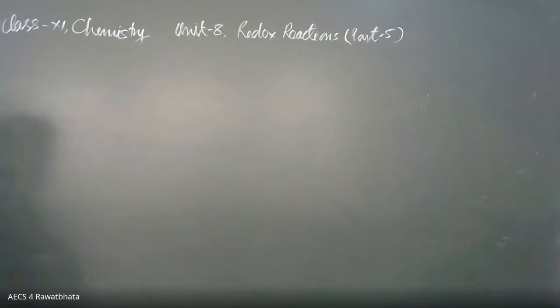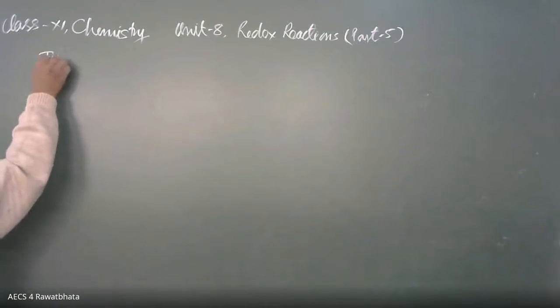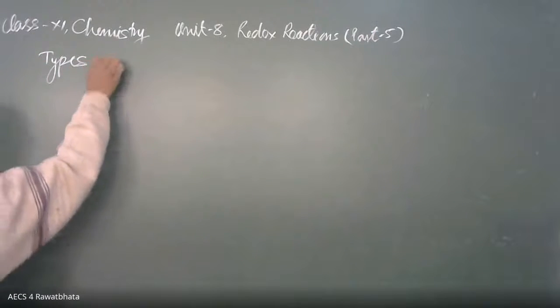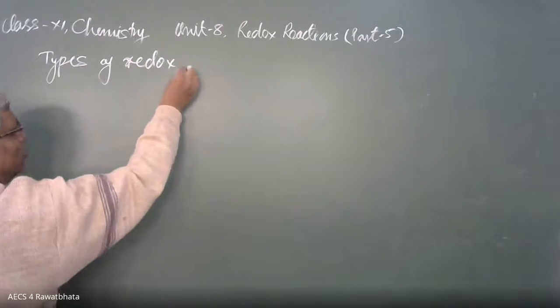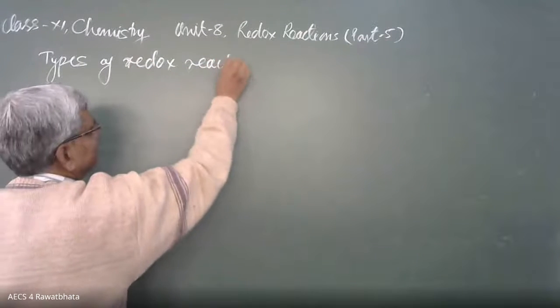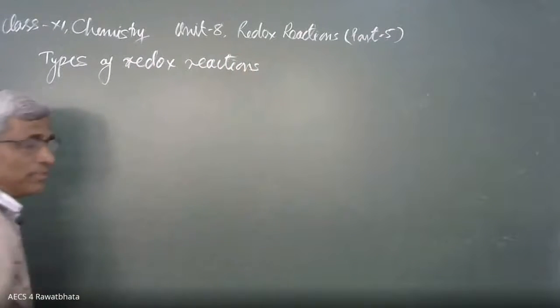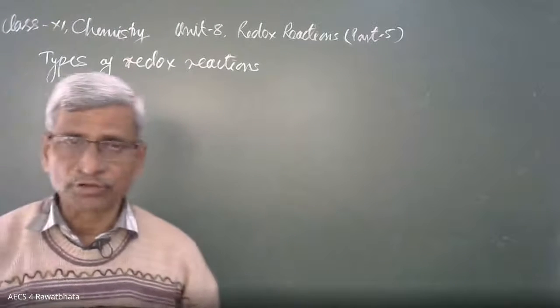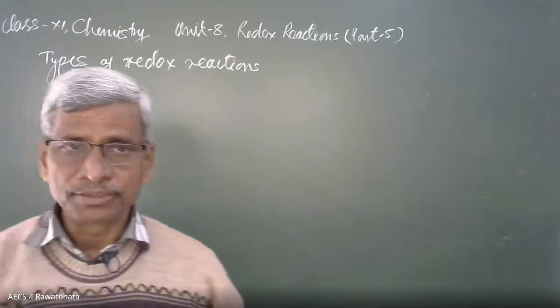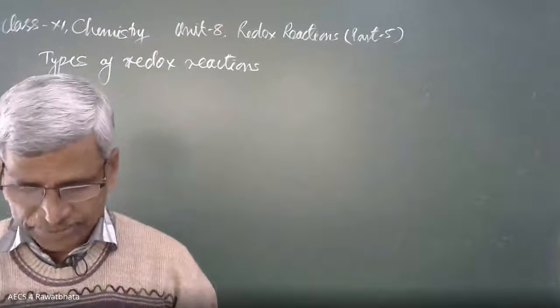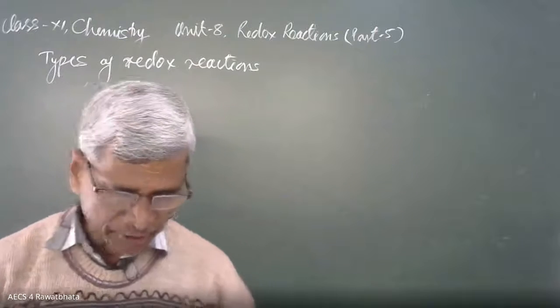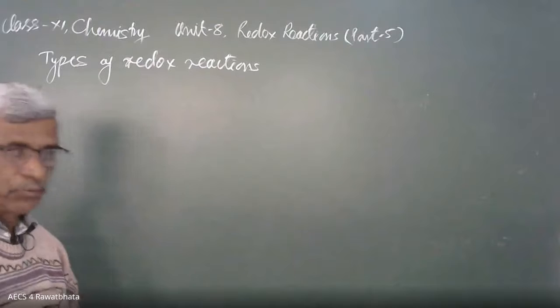The one topic is types of redox reactions. What are the different types of redox reactions? On the basis of the type of reaction, they are classified into 4 types. These are combination, decomposition, displacement, and disproportionation.